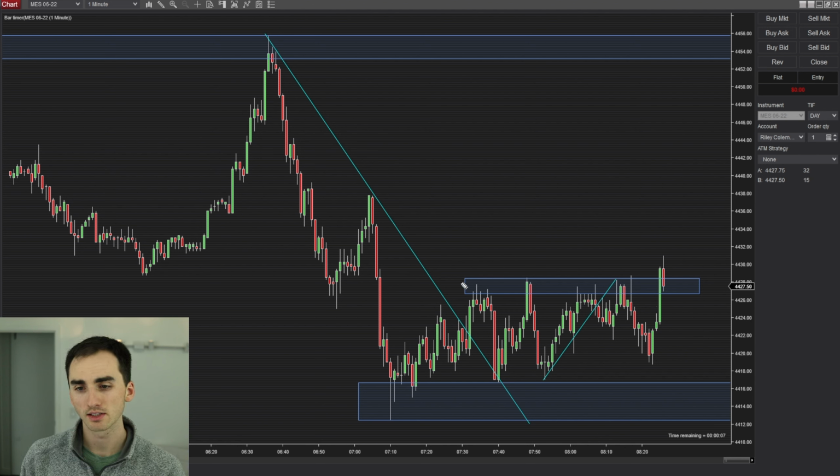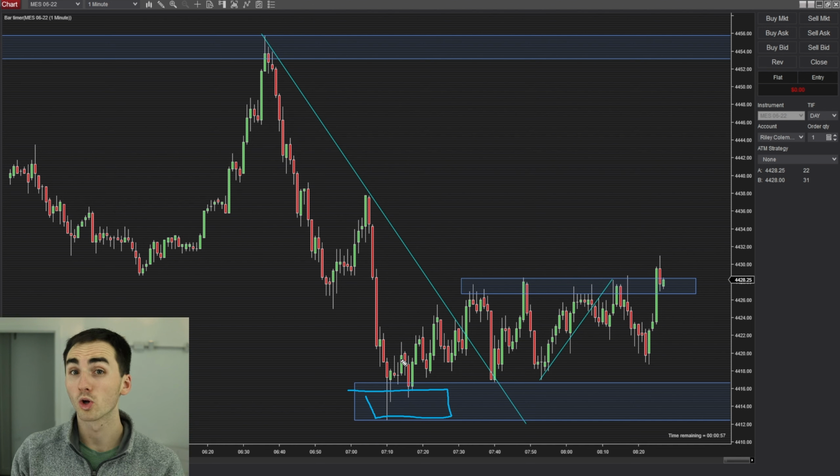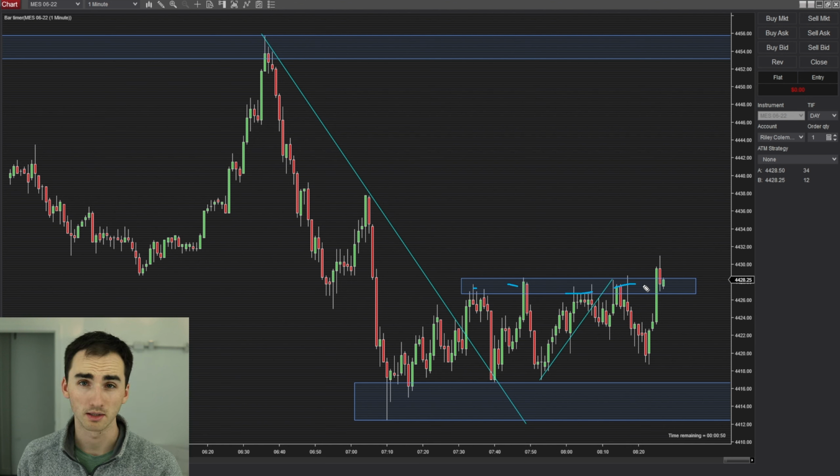Now, because this is a weaker level, I would say it's more in the middle of this range. Again, I like going off of the extremes because they're more likely to reverse. This, I think, is less likely to be a stronger level, even though you can see that it's bounced off of it multiple times. I like to wait for something I call a failed breakout.